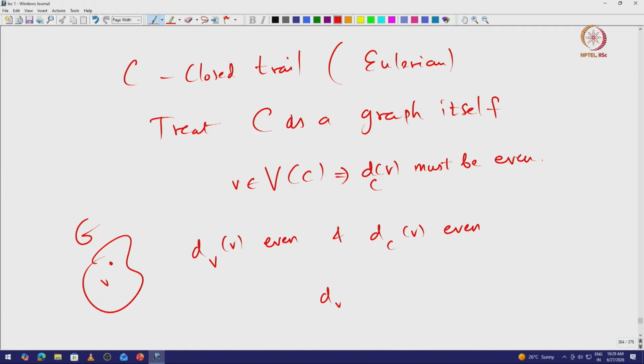So, I want to understand what happens to G dash, which is the connected component of G minus the edge set of C. Now what is the observation that we are making?